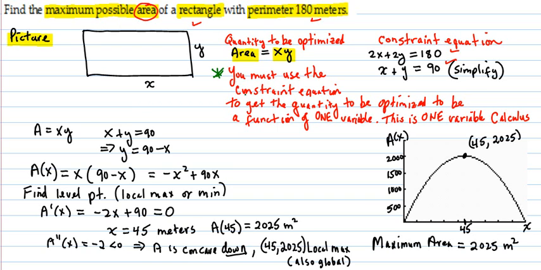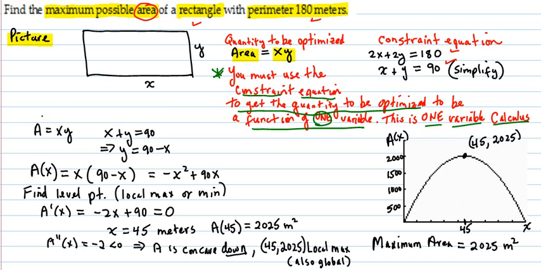You must use the constraint equation to get the quantity that's to be optimized to be a function of one variable, because this is one variable calculus, not two variable or more. That's another course. That's for Math 263.